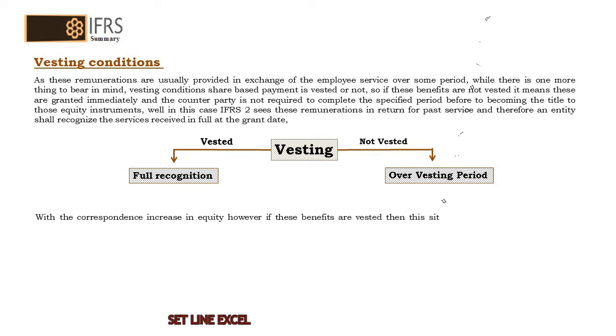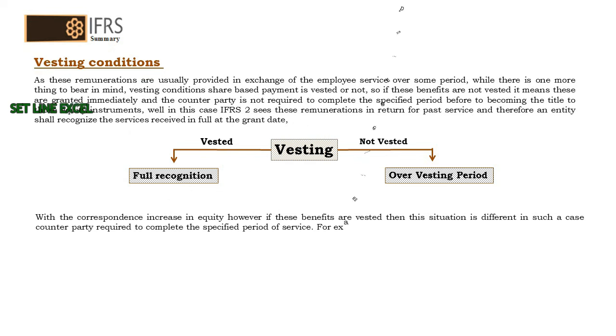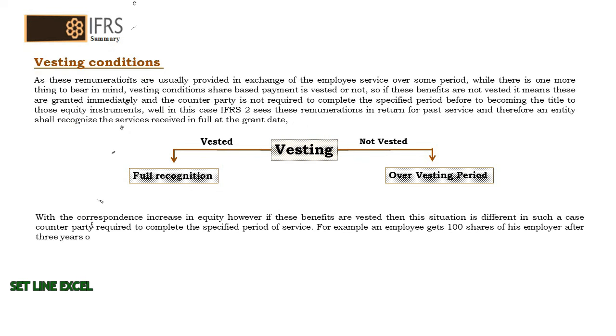However, if these benefits are not vested, then the situation is different. In such a case, the counterparty is required to complete a specified period of service. For example, an employee gets 100 shares of his employer after 3 years of service.